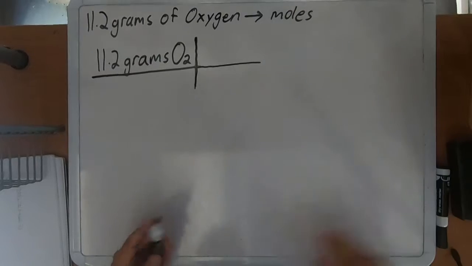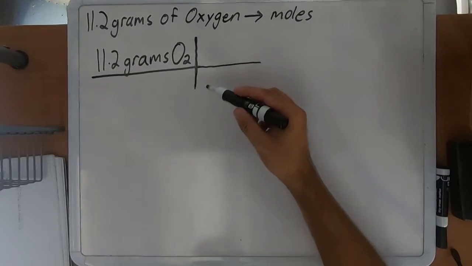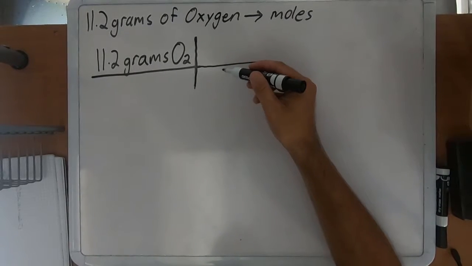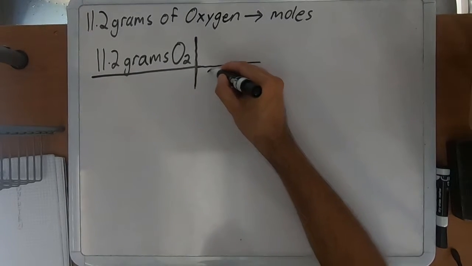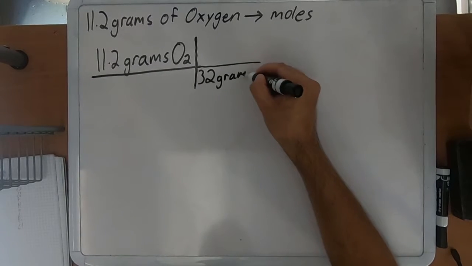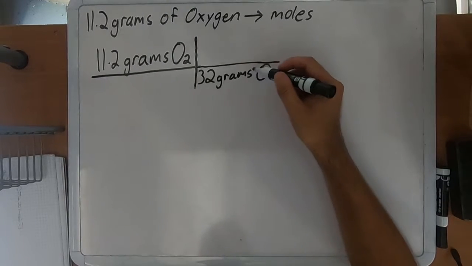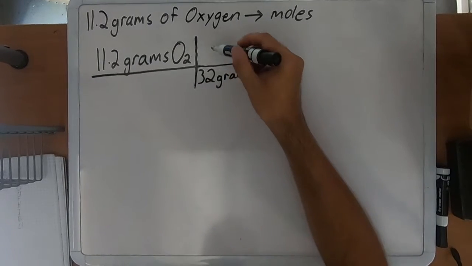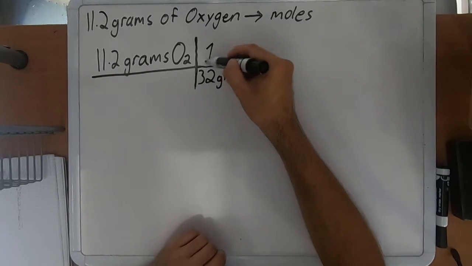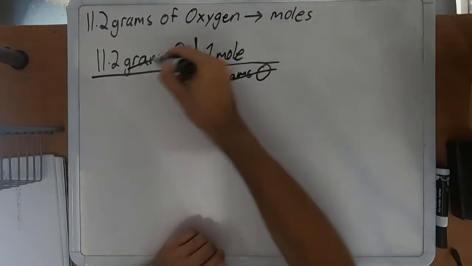Just like one oxygen. So 11.2 grams of oxygen. So the molar mass of oxygen is 16. 16 times 2 is 32 grams of oxygen, and 1 mole. Right. Grams cancel out.